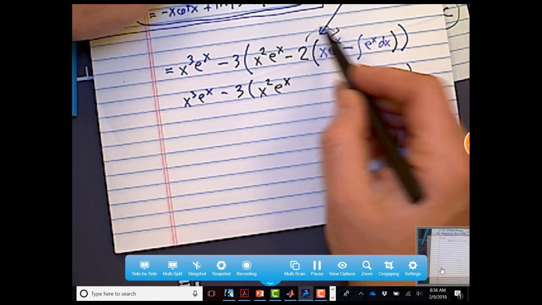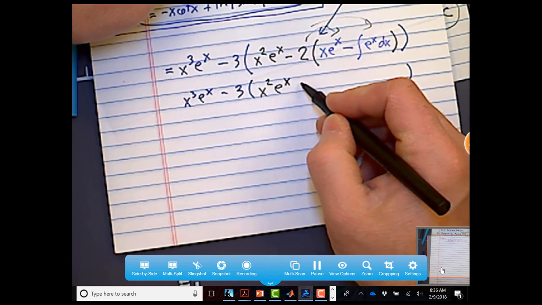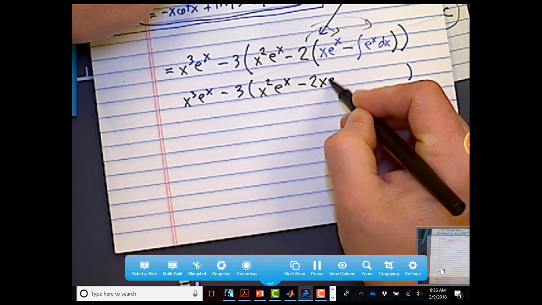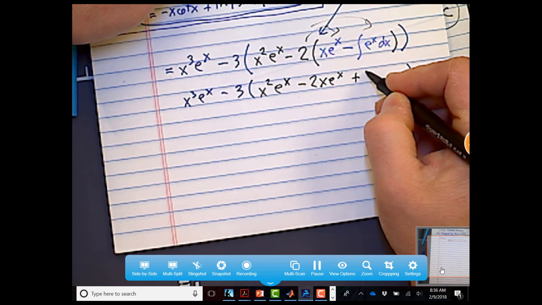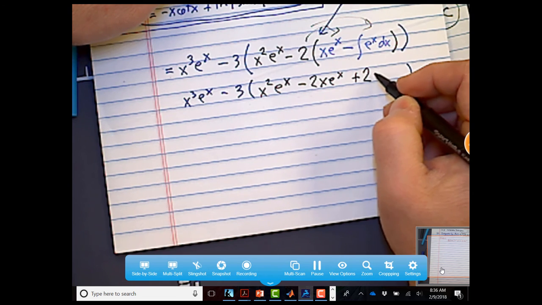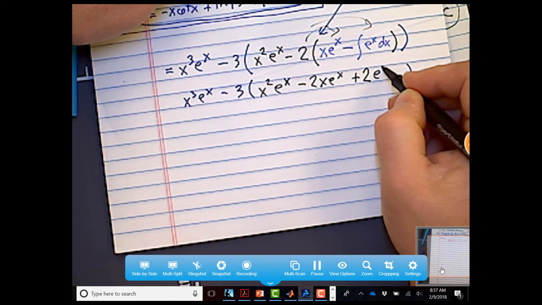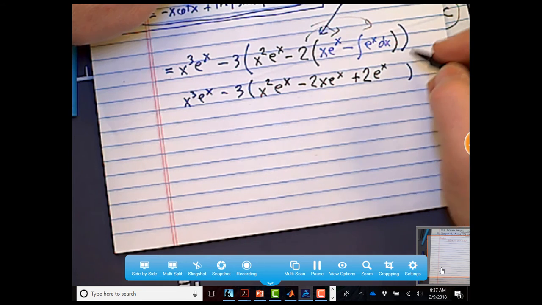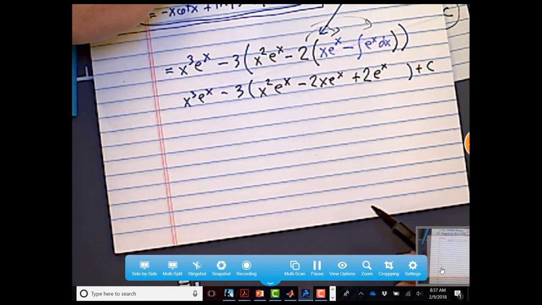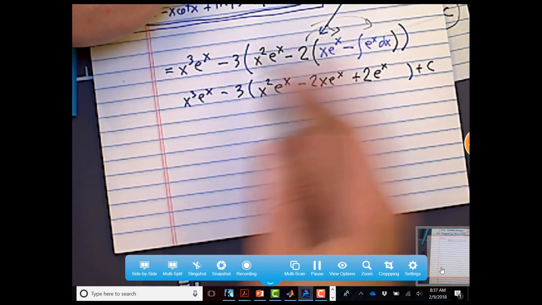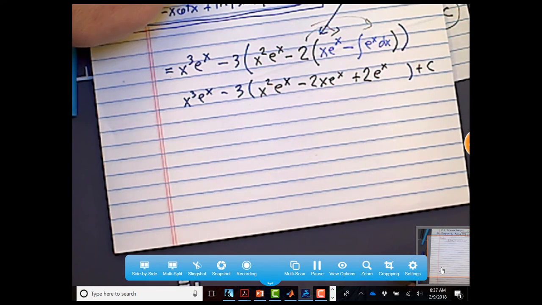So I get minus 2x e to the x, but I also get plus 2e to the x, right? And at this point, guys, I need to write a plus c also because there is no more integral sign, and so you need the plus c. You don't write plus c every time because all the constants just add up to one big constant.